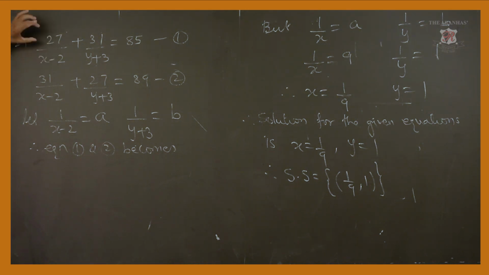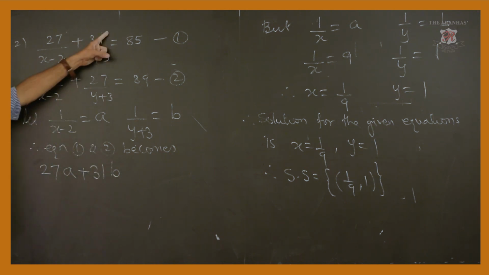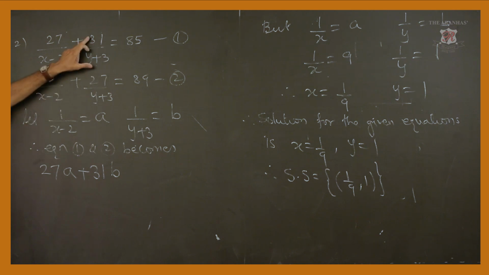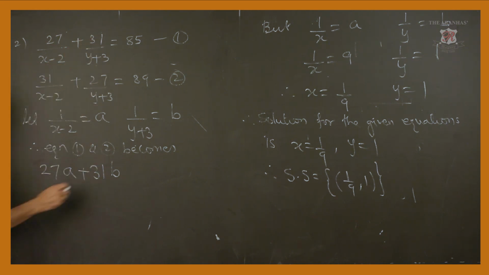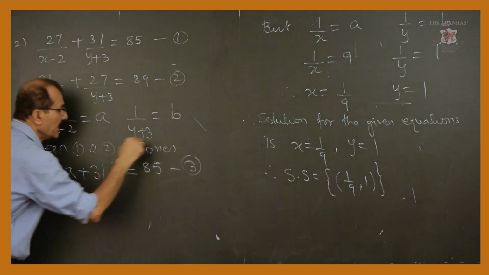So I told you 27 will remain as it is and 1 upon x minus 2 becomes A. So you get here 27A plus, same way, 31B. Why? 1 upon y plus 3 is B. So 31B is equal to 85. Equation number 3.